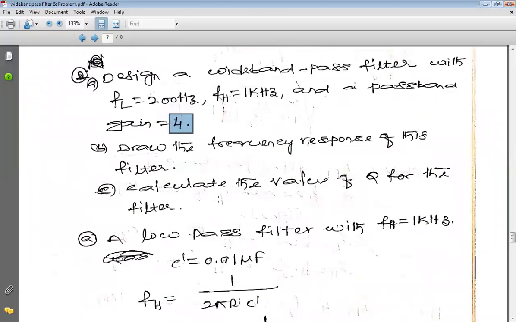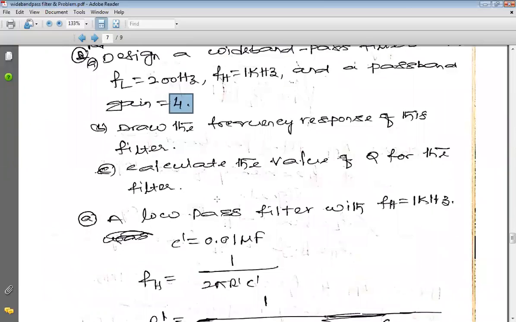Here again we have to design. What are the points we have to design? In the higher cutoff frequency section, we have to calculate the capacitor value and resistor values C, R, RF and R1. In the lower cutoff frequency section, we have to calculate R dash, C dash, RF dash and R1 dash.